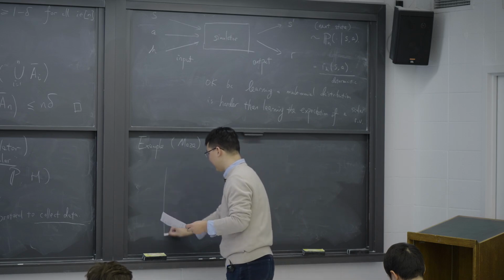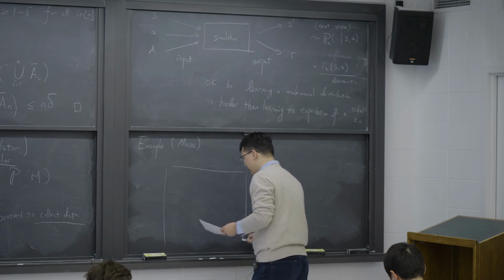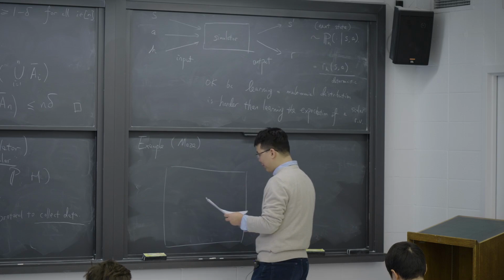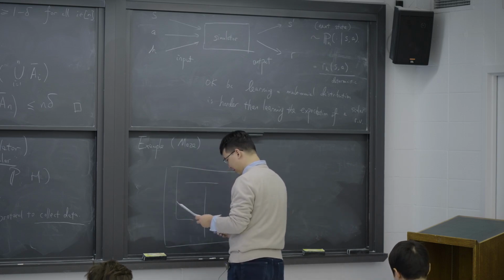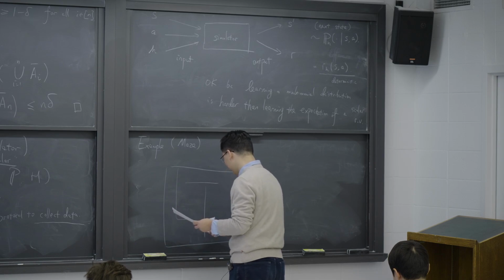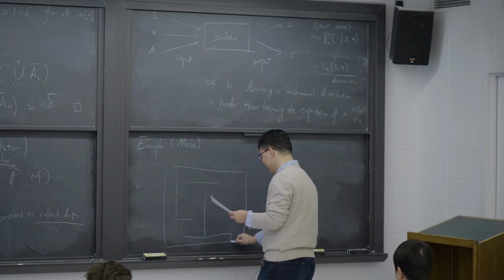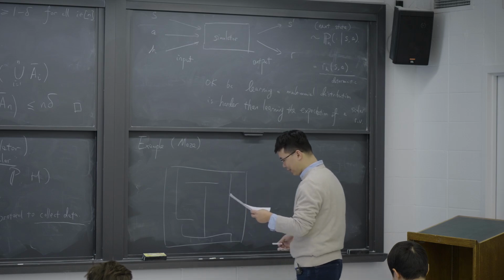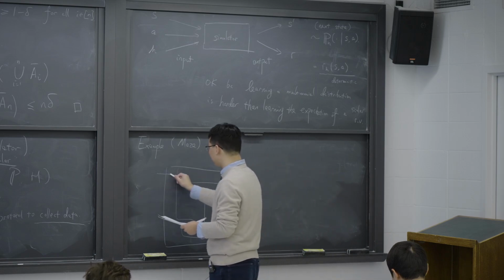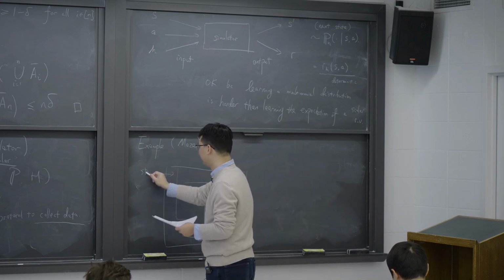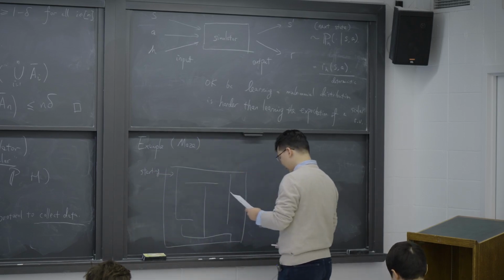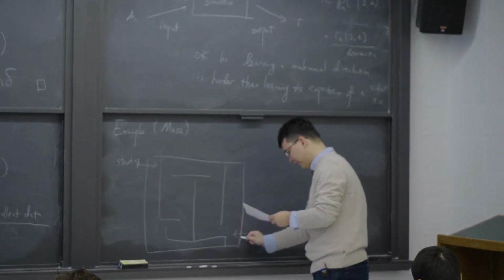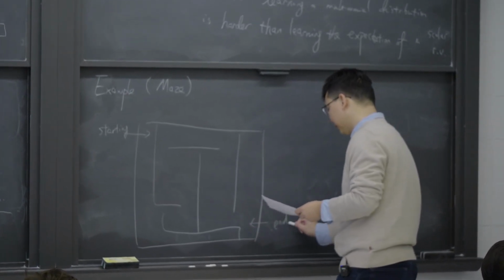A maze essentially is a map where you have a lot of walls here and there. Okay, let's just randomly draw something like that. And we have a starting point here, and we have an end point here. Let's call it start.